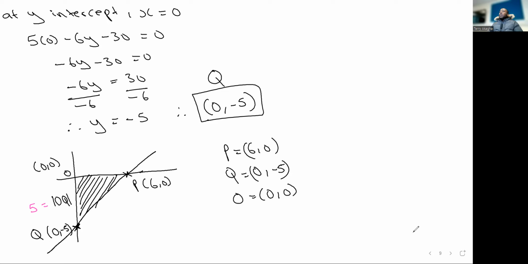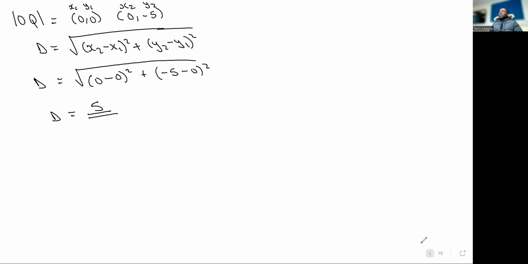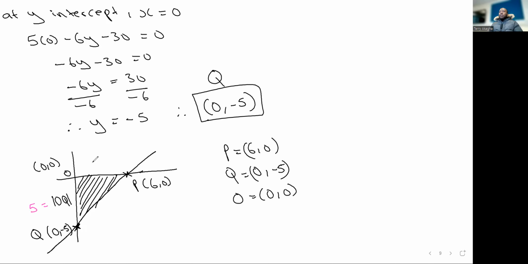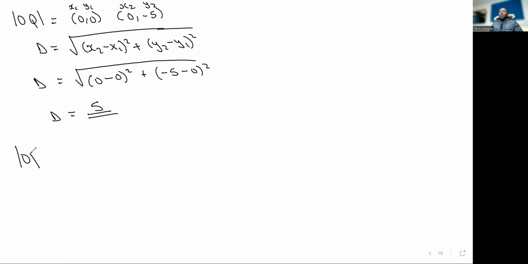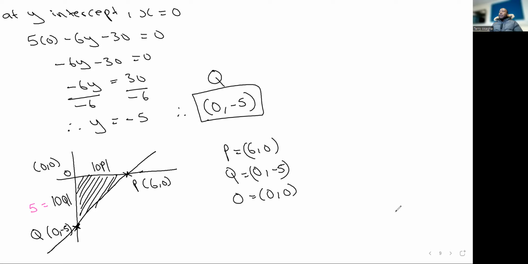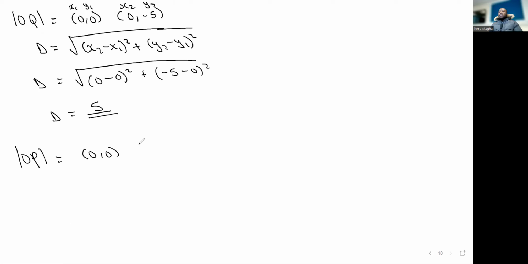The next one, I can get OP. So we're going to look for the distance OP. That will give us O, the origin, and P is 6 and 0. Like you know, this is going to be x1, y1, x2, y2.